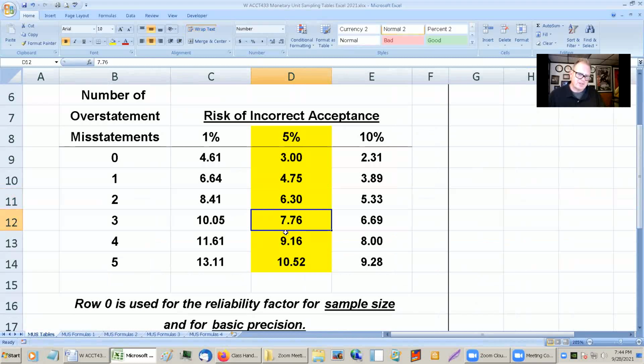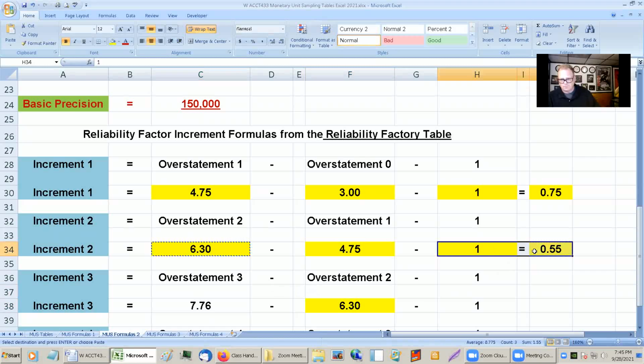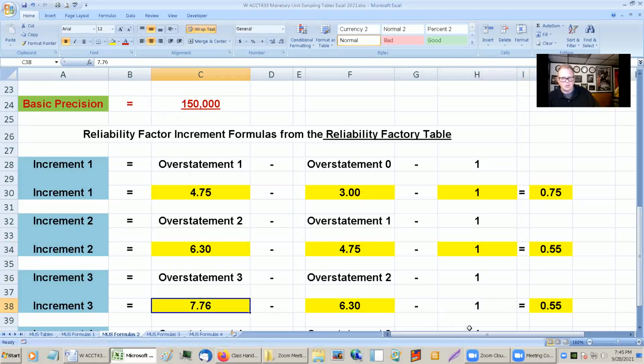So this would be 7.76 minus 6.30, so 0.46. So these are the increments.